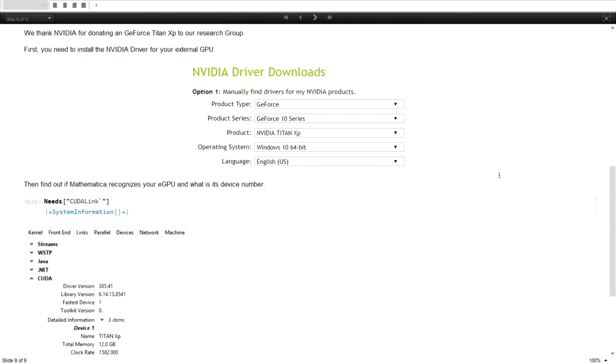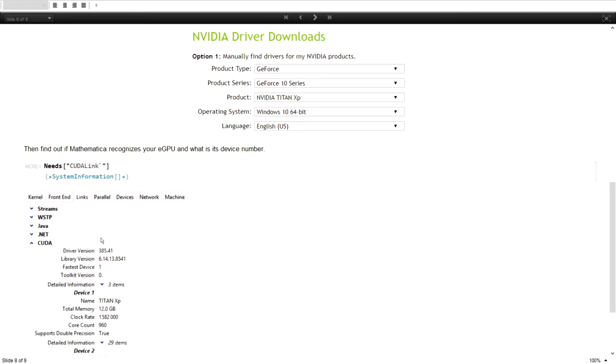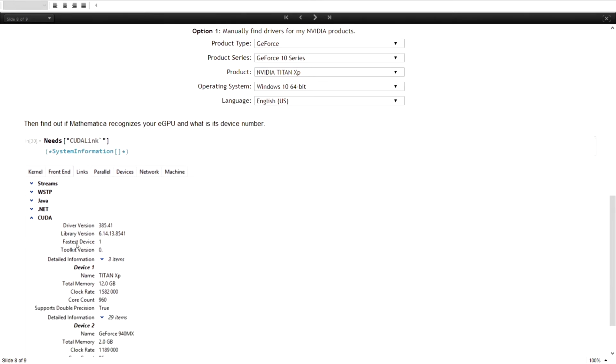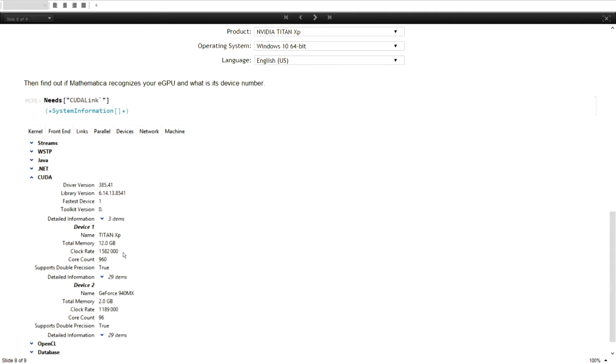And on Mathematica, I had no problem. After doing all those things, you need to say CUDALink, and then system information. Once you do that, you go to links, and then you go to CUDA, and there you can see your GPUs. I had one for my laptop, and I had one which was my external GPU, because I really wanted to know which one is which when you are using target device to train your neural network.